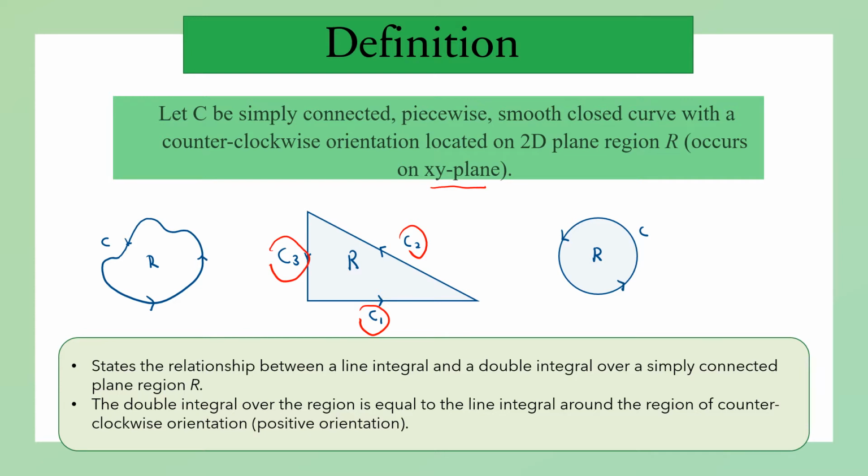C1, C2 and C3 are three different curves, but it is a connected and closed region.